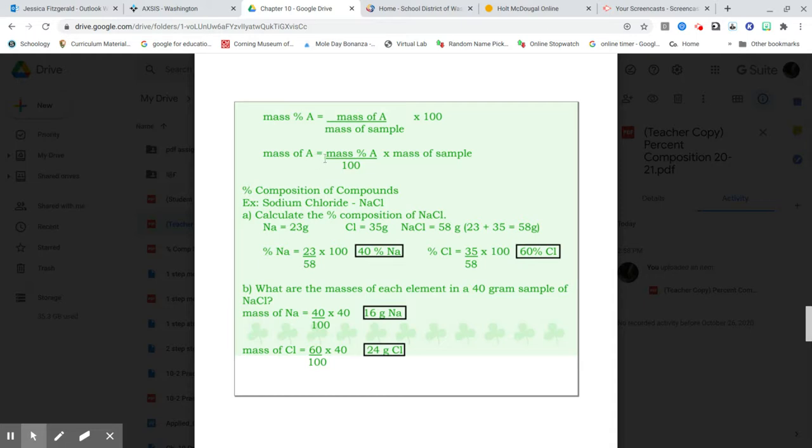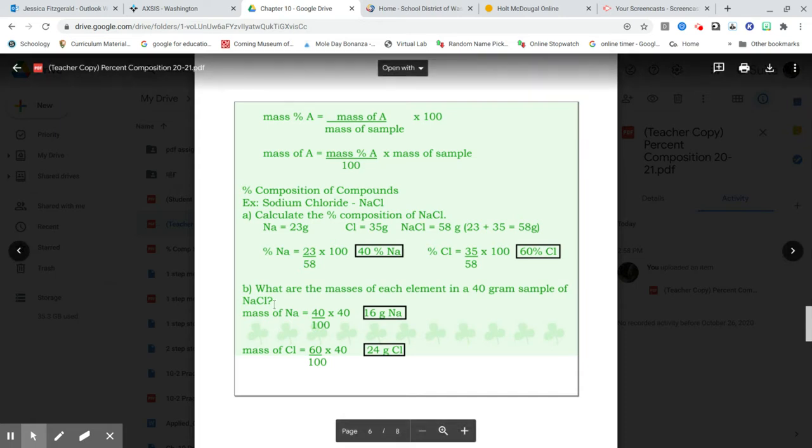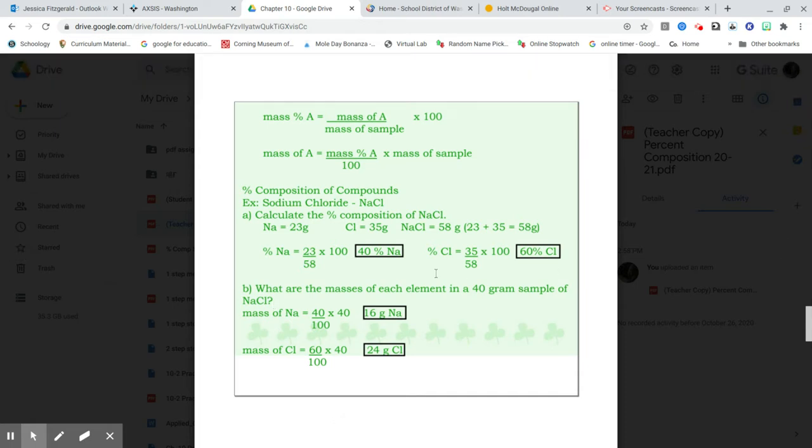So that formula is going to be your percent of your atom or your element divided by 100 times the mass of the sample. So in B, I said, what are the masses of each element in a 40-gram sample of sodium chloride? So that's why I had to work out my percents.